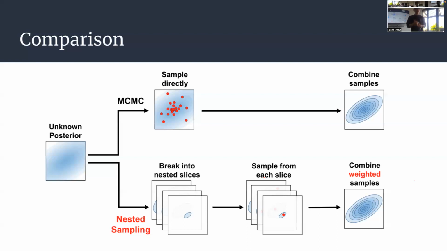If your proposal distribution is not good and you have a very high correlation between samples, then you need to thin: maybe you sample 10,000 times, but you need to throw out like 90% of them. So it's not necessarily more efficient. Yeah, okay, got it. Thank you.